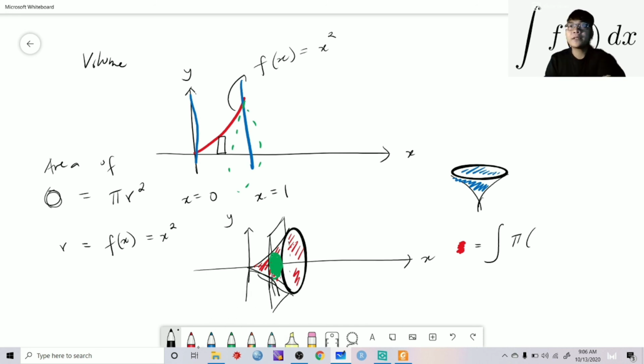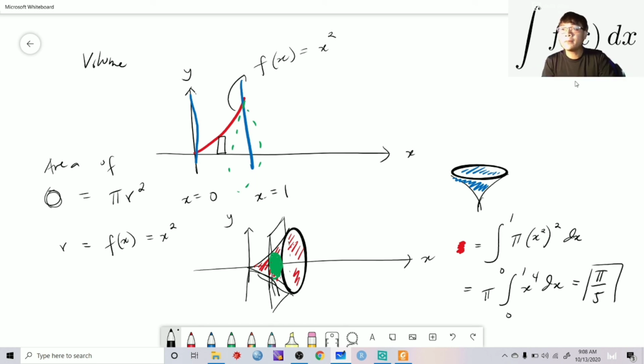So r is x squared, so we have to square this, dx, from 0 to 1, which is equal to pi integral from 0 to 1 of x to the 4th dx, which is equal to pi over 5. So the volume of this figure equals pi over 5.